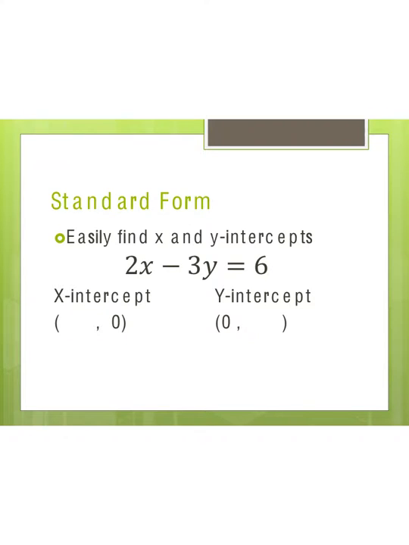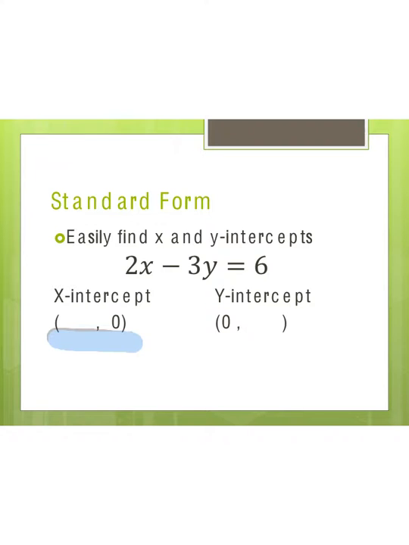The standard form doesn't give you the slope very easily, but you can easily find the x and the y-intercepts, because we know the x-intercept is when y is 0. We can go ahead and replace the y with 0, and you can easily do this in your head.